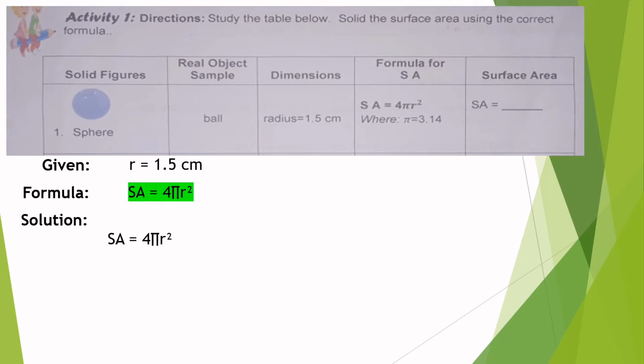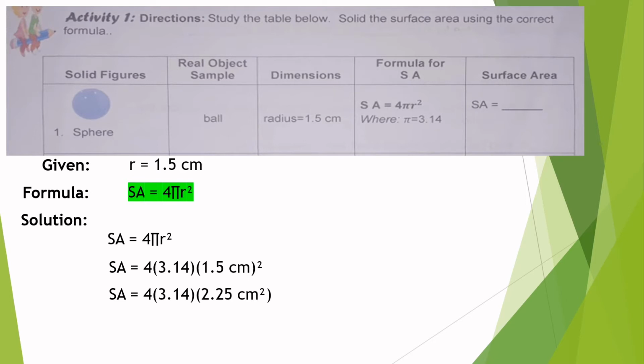So we have now SA is equal to, copy the constant 4 times the value of pi, which is 3.14, times the value of r, which is 1.5 centimeters, and then squared. Applying the order of operations, we will square 1.5 first. So we have now SA is equal to 4 times 3.14 times 2.25 centimeters squared.